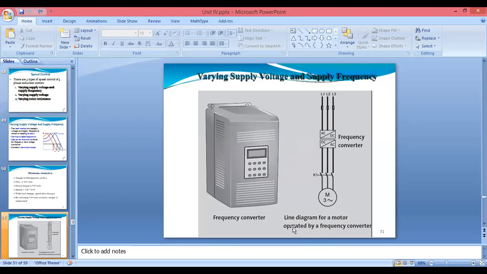And here we can see the line diagram. When we are giving the three-phase supply to the three-phase induction motor, for a motor which can be operated by a frequency converter, here we are changing the frequency, so you will get a change in the speed.